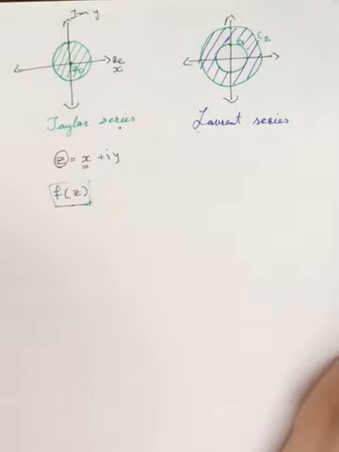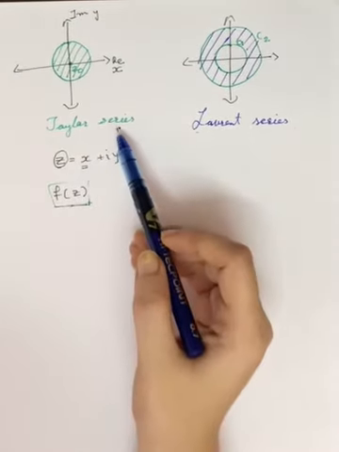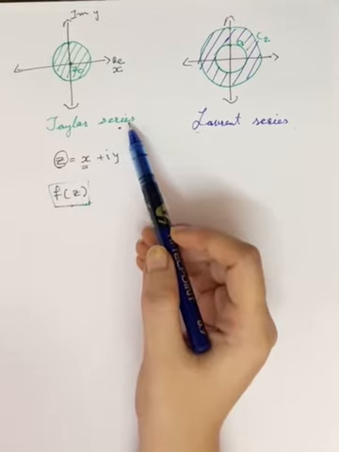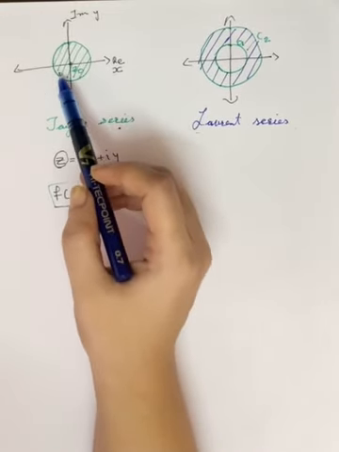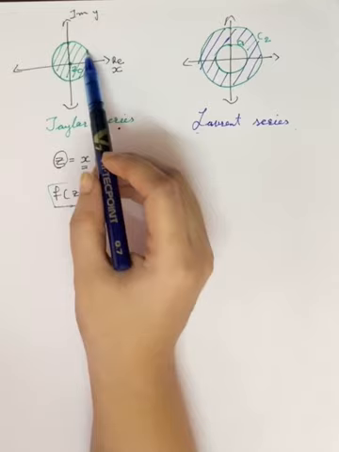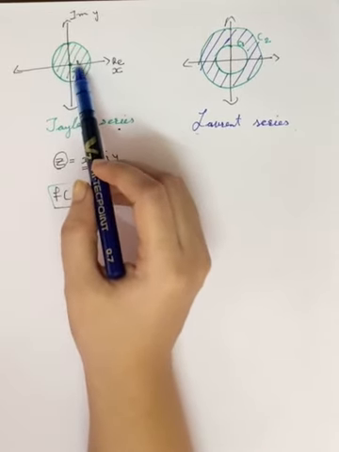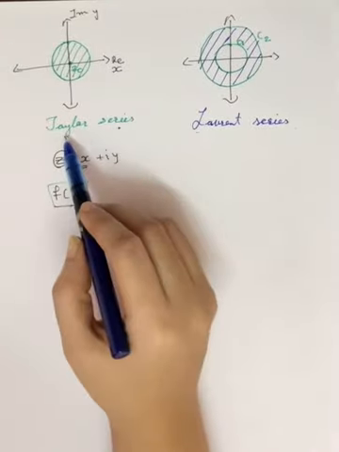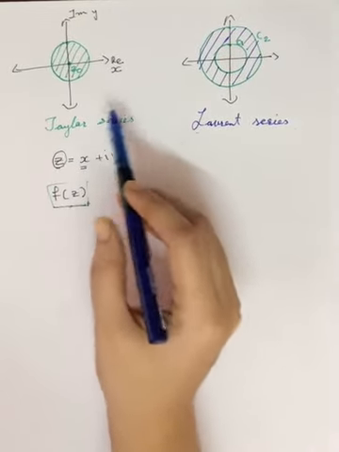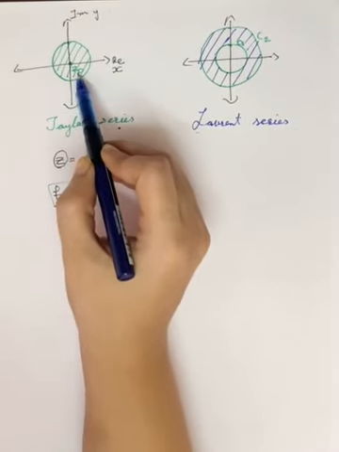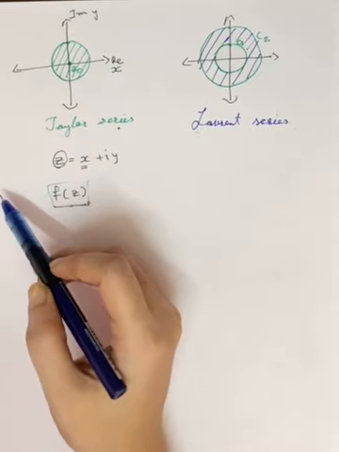Alright, so in summary, Taylor series expansion is always performed when the function is analytic within the closed region and that region does not have any isolated singularity. Then the Taylor series expansion can be performed about the point z equals z0 within that region.